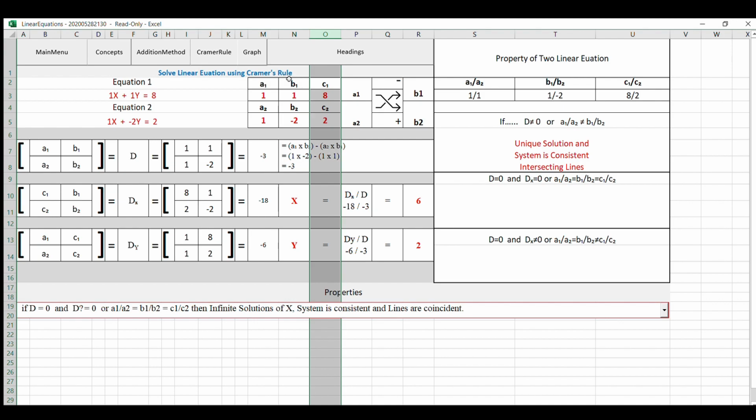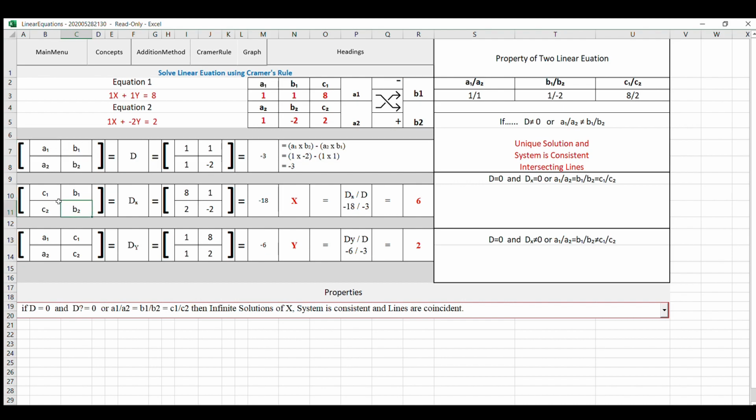You have taken coefficients of both X and Y. Now if you calculate the determinant of that matrix, that is assumed to be D, because in this case, you have considered coefficients of both x and y. So I hope you understood how you constructed the first matrix.